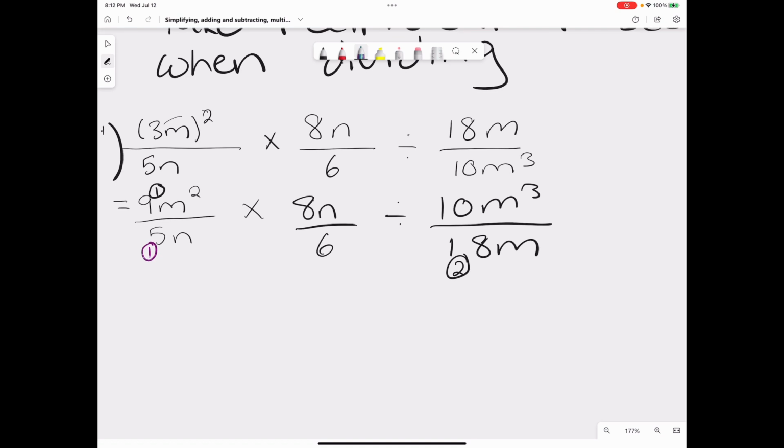So again, the 5 also becomes a 1. And then the 10 is a 2. And then the 8 divided by 2, we're going to simplify this one right here. So the 8 will become a 4, and the 6 will become a 3.